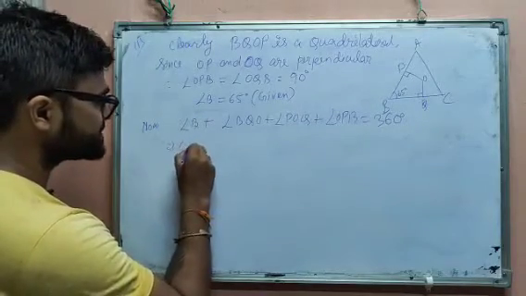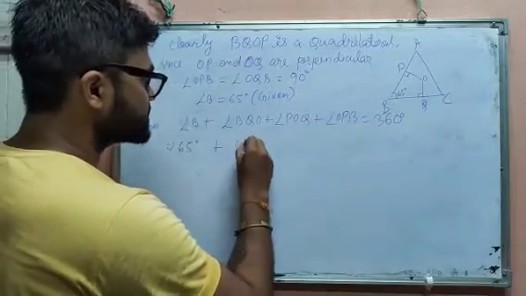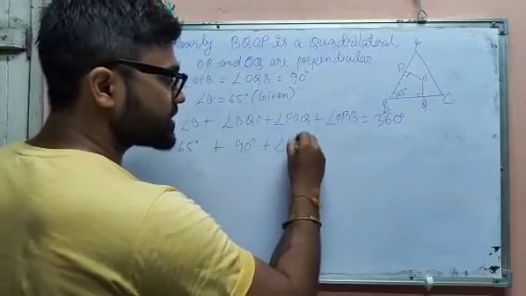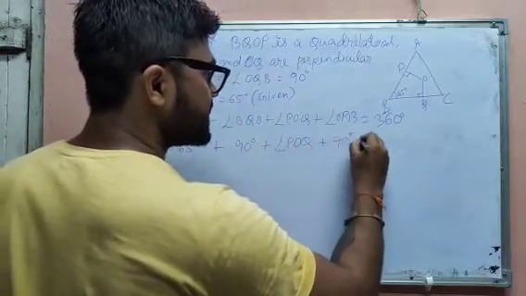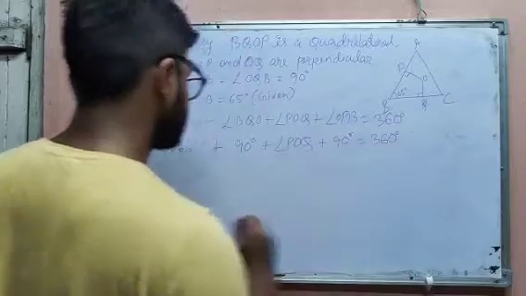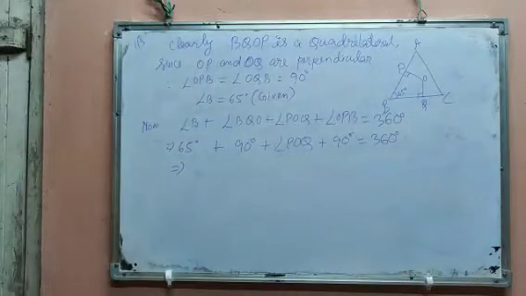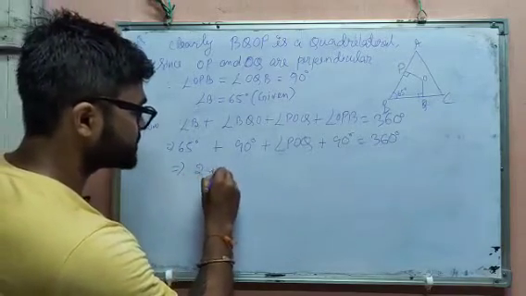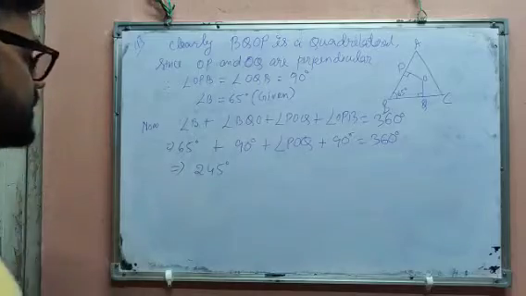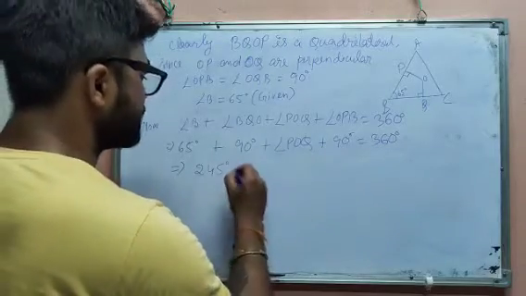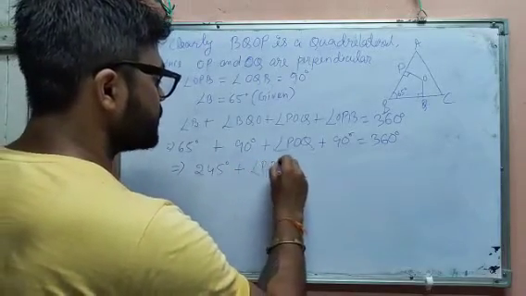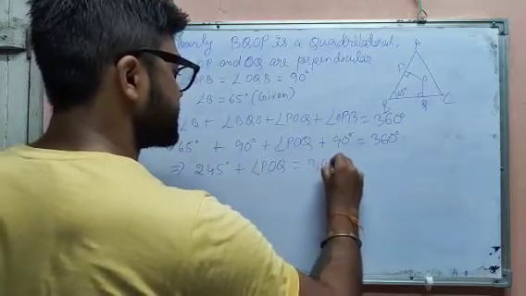Angle B is 65 degrees, BQO is 90 degrees, POQ we are asked to find, and this is 90 degrees, equal to 360 degrees. So 90 plus 90 is 180, 180 plus 65 is 245 degrees, plus angle POQ equal to 360 degrees.